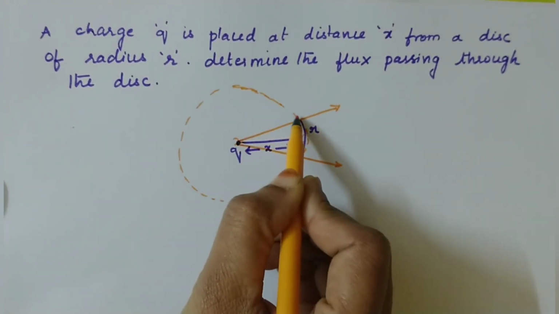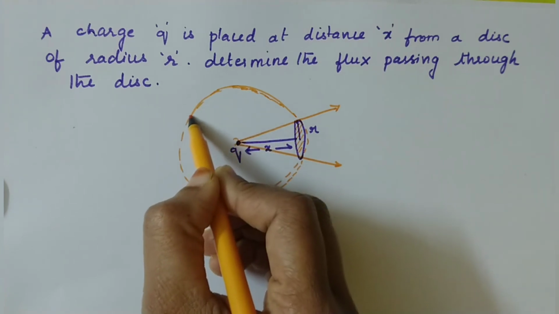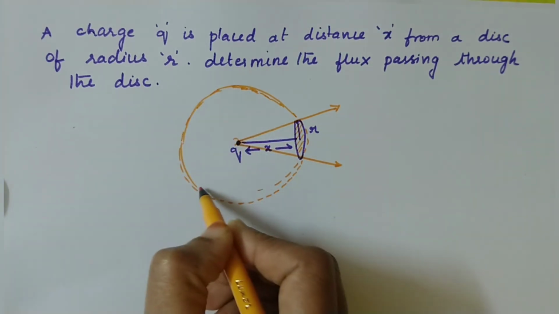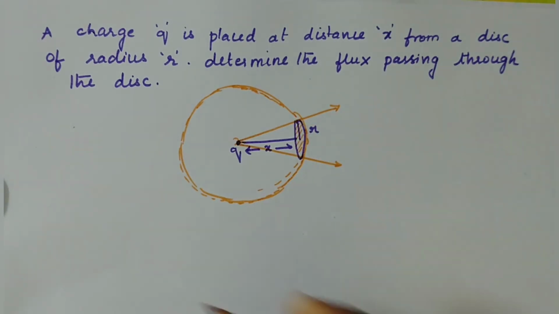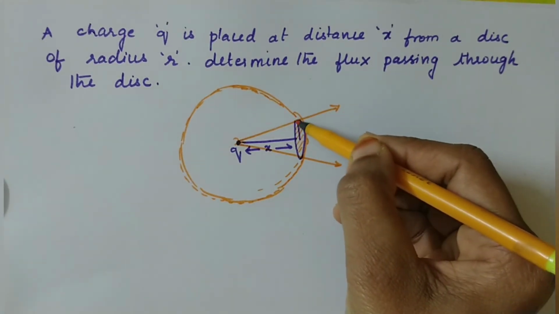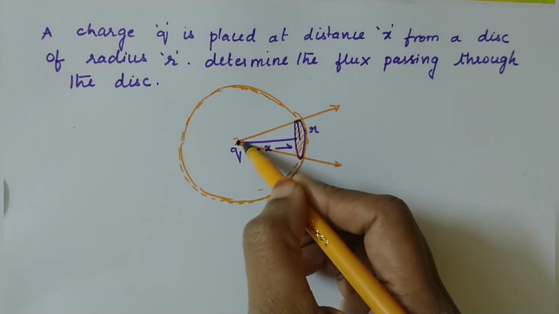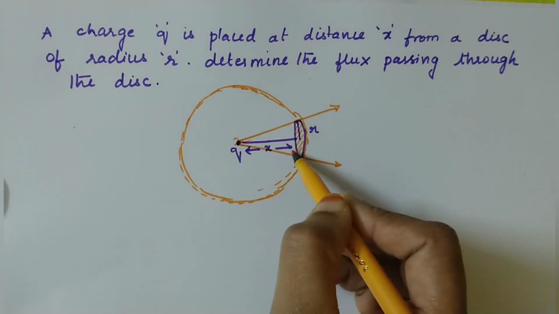Taking the charge as center, imagine a sphere. Flux is emerging from this sphere, but we want the flux only through this shaded portion, that means through this particular cone.